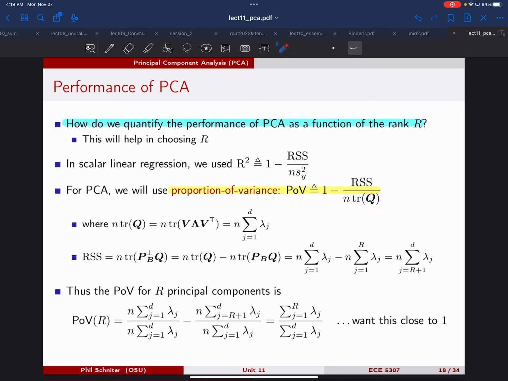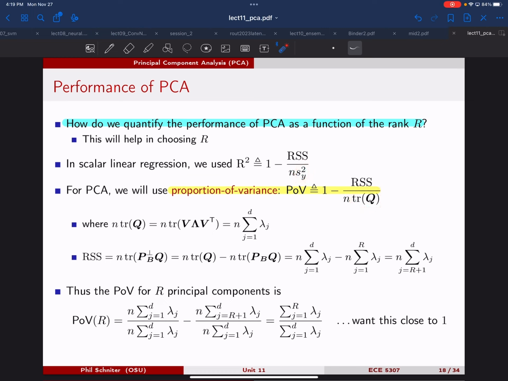So we're trying to predict the entire x vector, right? Every term in the x vector has a variance. This trace Q is just the trace of the covariance matrix, which is the sum of the individual variances for the different features. Okay, so it's a direct generalization of the variance of the thing we're trying to predict.